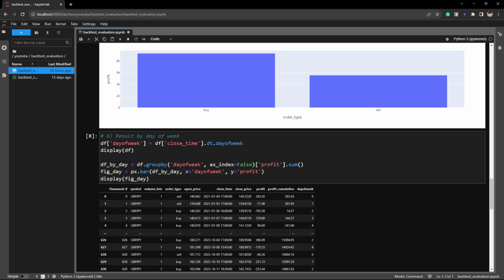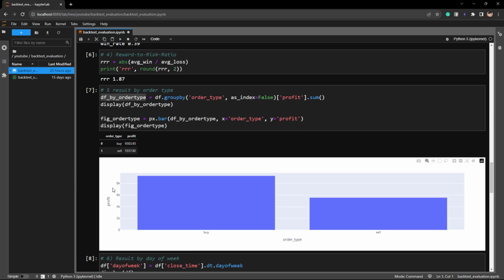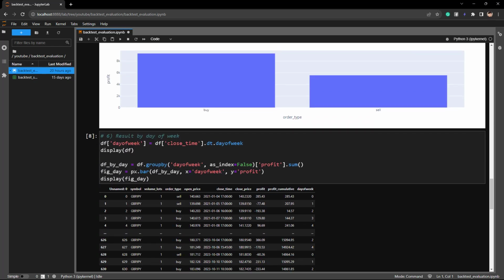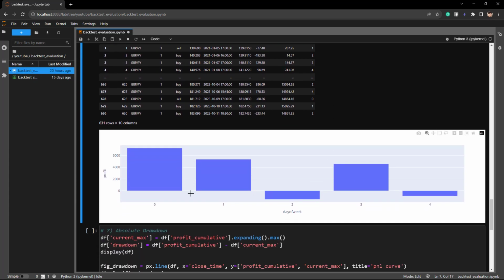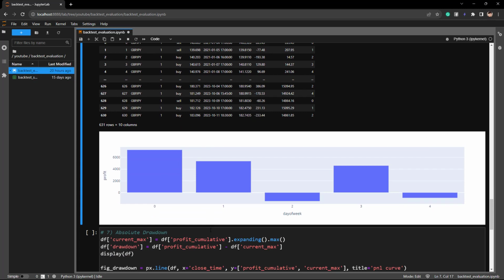So then we can use a similar method like previously. So using group by, we will group it by day of week, and we will sum the profits for each day. And as a result, we will get a bar chart that looks something like this.